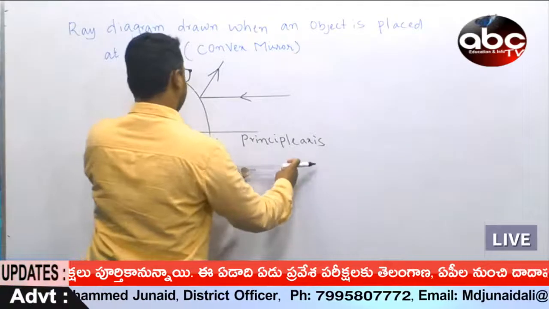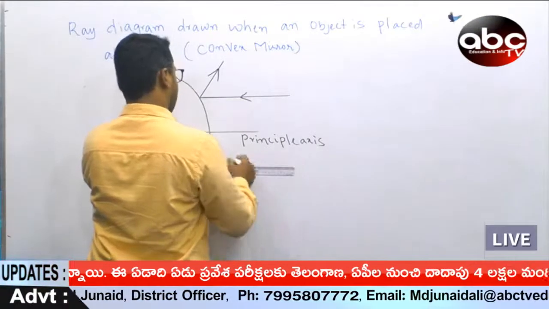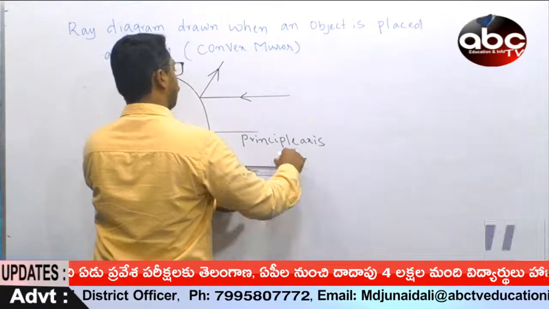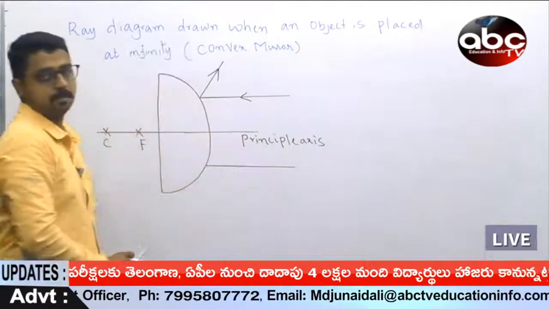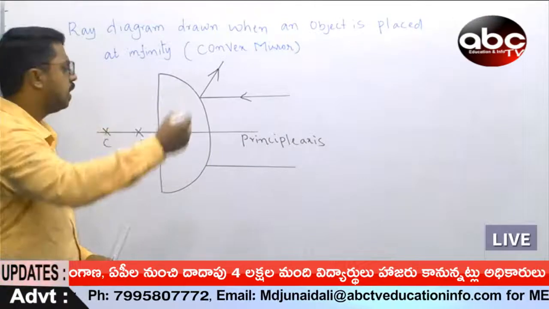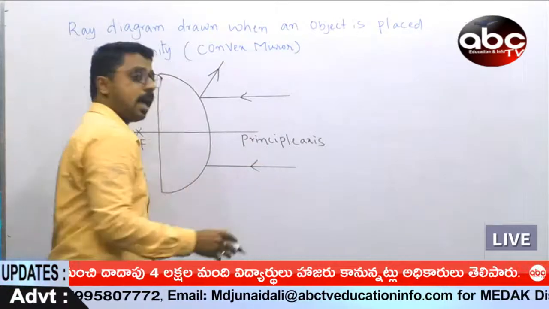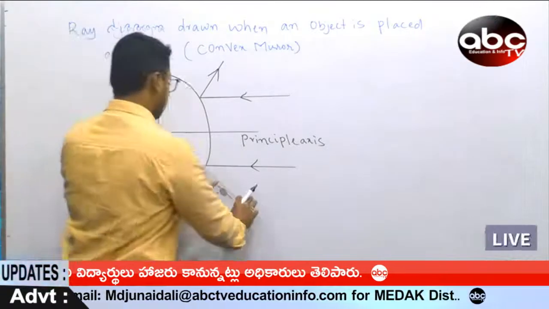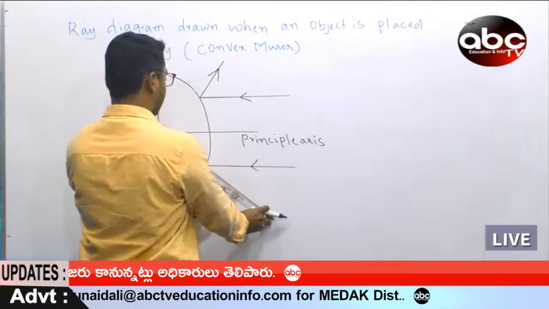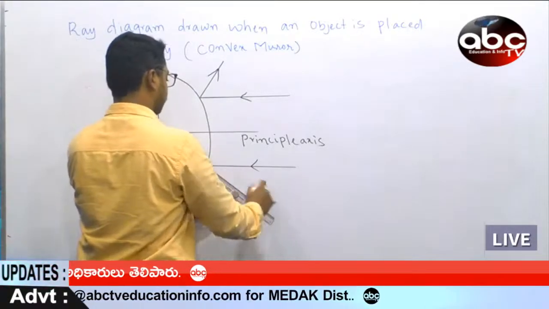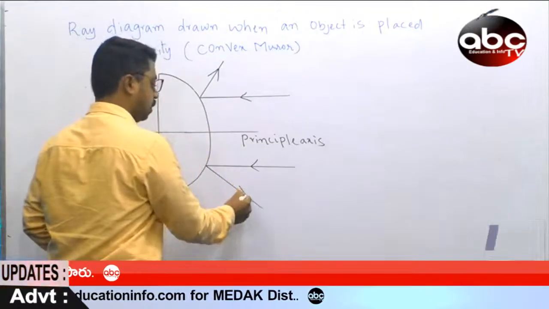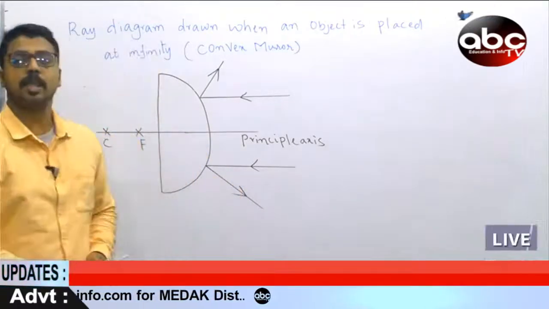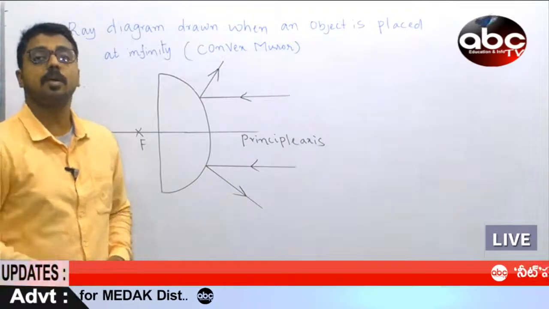Whereas if a light ray is expected below also from the object placed at infinity, as usual this is also a parallel ray. It diverges away from the mirror. So what are we going to expect?